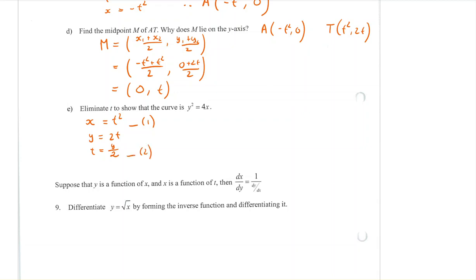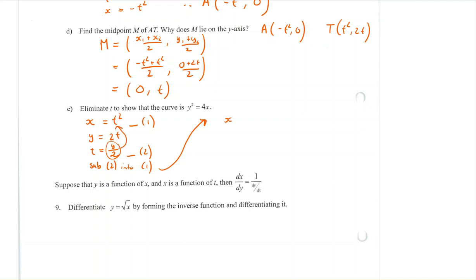That's equation 2. And now I can do a substitution method to eliminate that t. I'm going to sub equation 2 into equation 1. So equation 2, this part here, is going to go into the t part of equation 1.